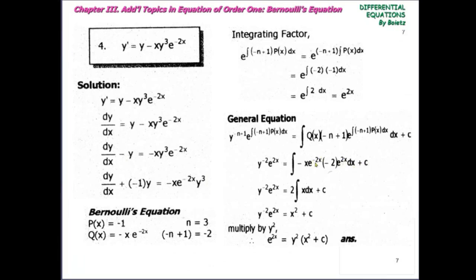So, ito makakancel yan, yung dalawang e to the negative 2x, saka e to the positive 2x, cancel yan. So, this will become negative 2, negative, negative, positive 2, integral of x dx plus c. Or power formula lang, x squared over 2, may 2 na doon, divide, magiging x squared na lang plus c. Then, this could be your final answer. Then, we can still multiply this by y squared, and this is the final answer.